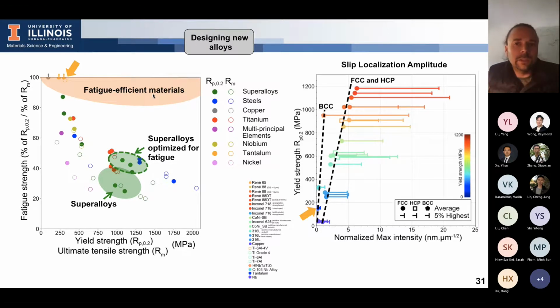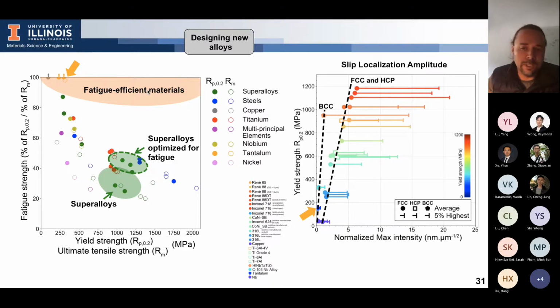However, when you come back to the data, here where I display the yield strength as a function of the maximum intensity, you can notice that maybe if we use a BCC alloy, we may be able to develop an alloy with high yield, but also efficient in fatigue.